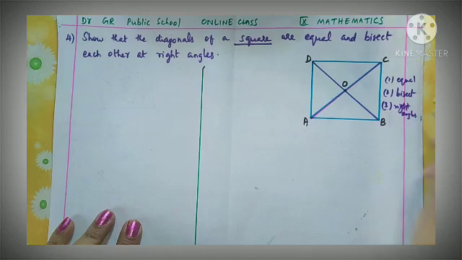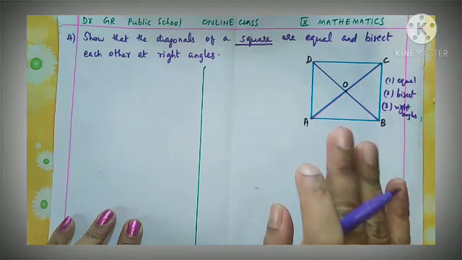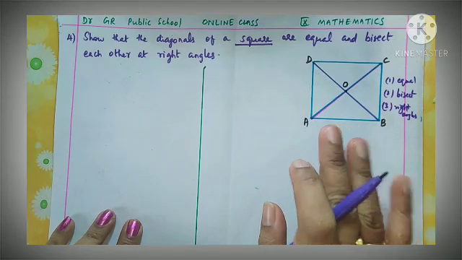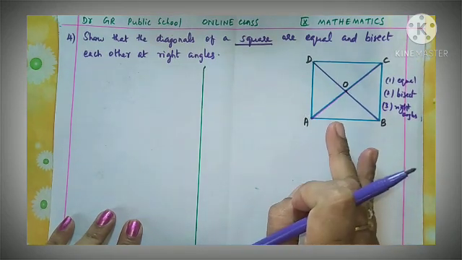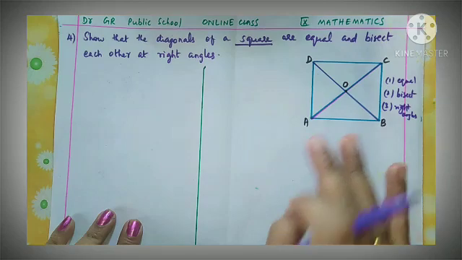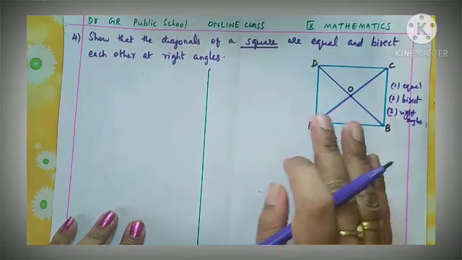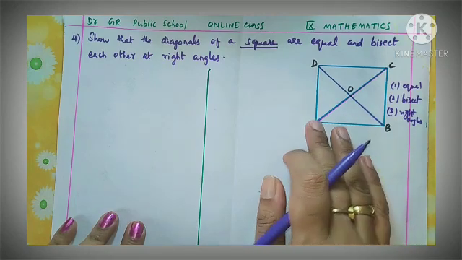So these are the three parts we want to prove in this problem. So only the thing available is this is a square. Okay, and we need to prove the diagonals are equal, they are bisecting each other and they are cutting at right angles. Understand? So this is also one of the applications of congruence rules. So we can see how we are going to prove that.